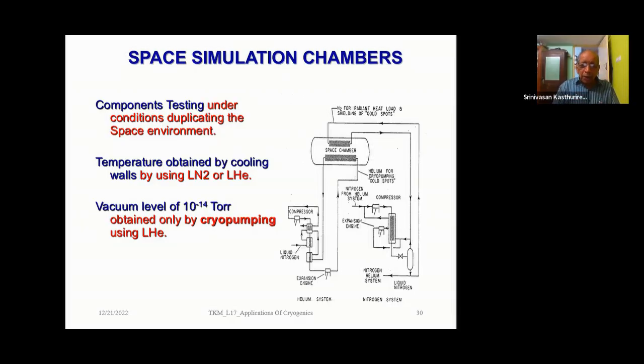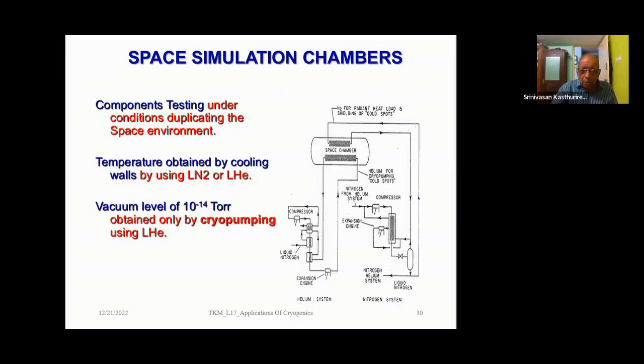And when you put it in space, it meets all the space requirements. It has to operate at very low temperature. It has to operate at extremely high vacuum environment. So the testing of the components has to be done in the space environment at the laboratory level.